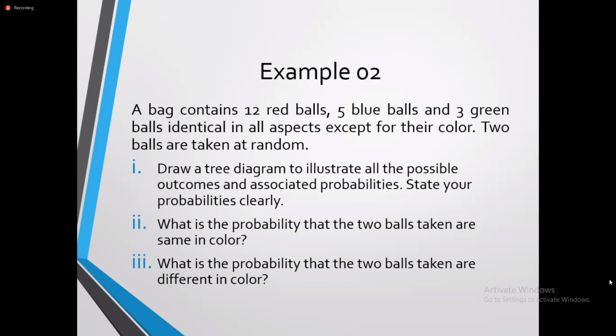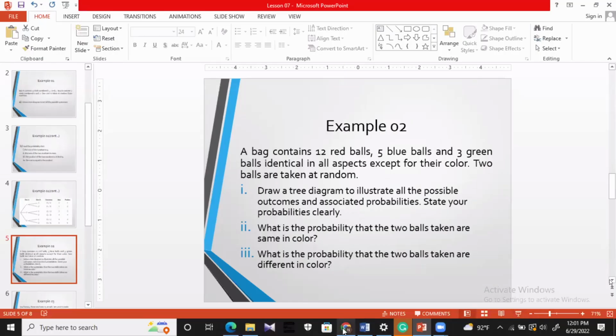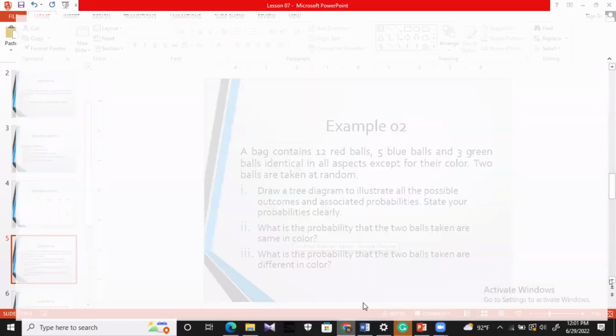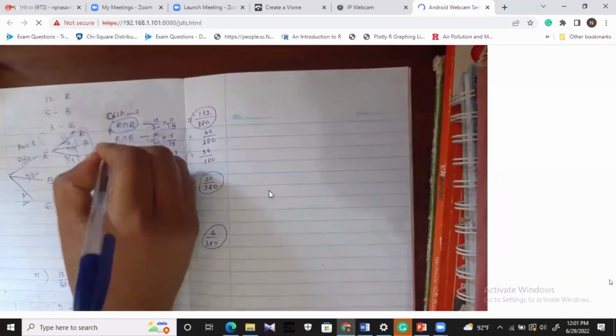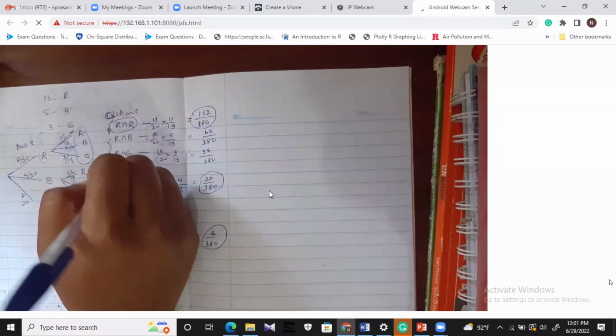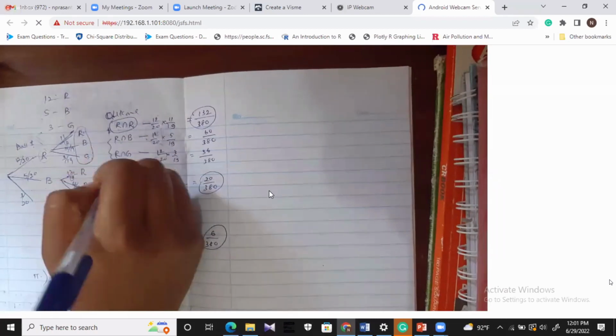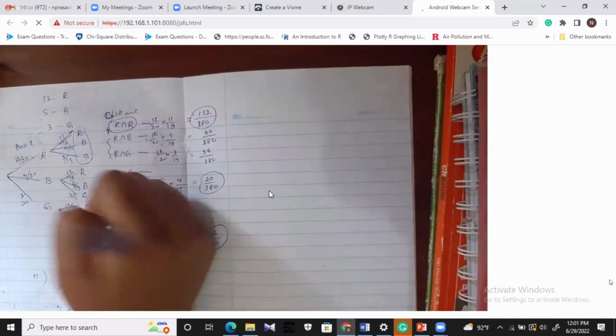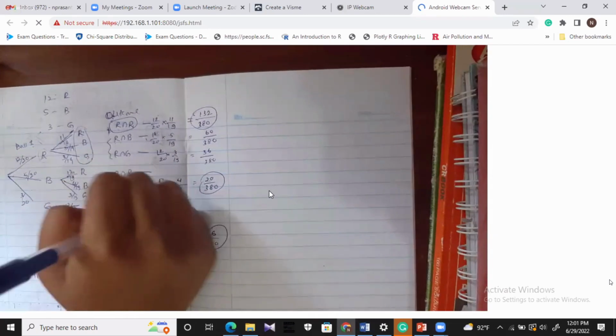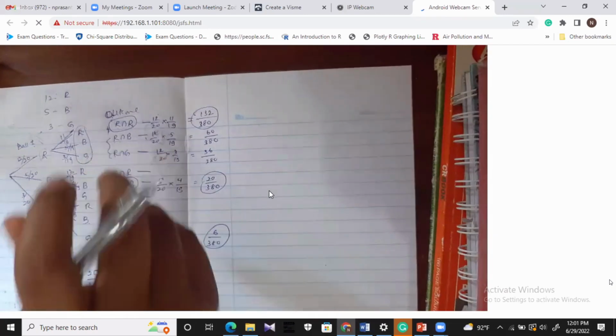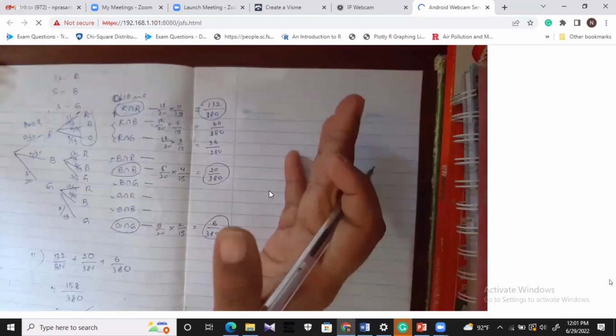Either you can add the probabilities of these outcomes, these two, this one, this one, this one, this one, where the colors are different.